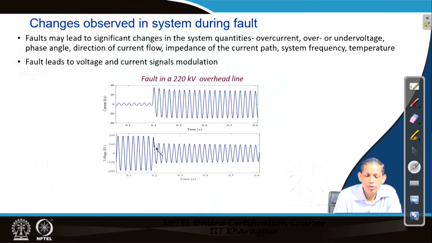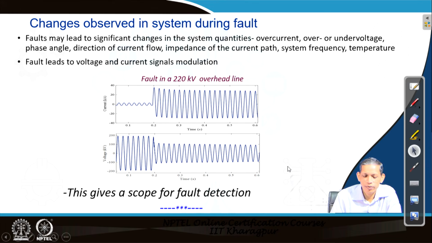Whenever a fault happens, the voltage goes down at that bus. So this shows clearly that there is a significant change in current during the fault, and the change in voltage is also significant. So, this gives scope to identify the fault from the voltage and current signals.